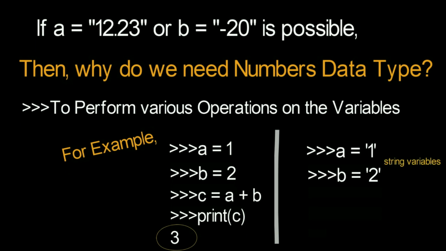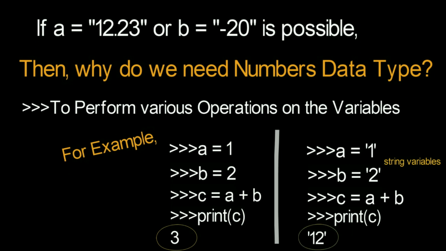To make any number a string variable, or anything a string, you need to represent it inside single or double quotes. Now c is equal to a plus b, and then print c. It will give the output as 12. When addition is performed on strings, they actually just merge together, or concatenate. That's why numbers and strings each hold their importance, because different output is obtained.